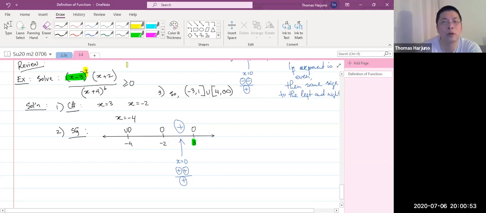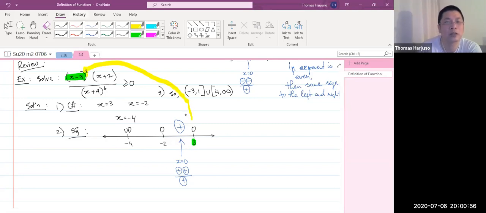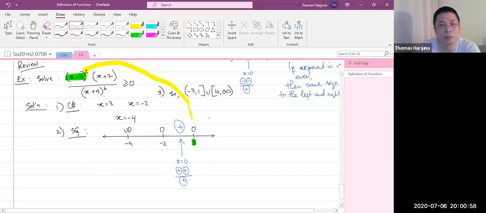Because the exponent is 2, the sign does not change. The sign to the left and to the right of a critical number coming from a factor with even exponent will have the same sign.